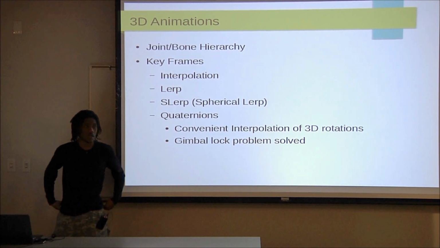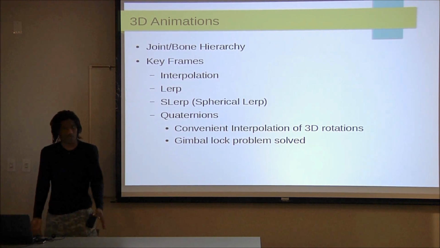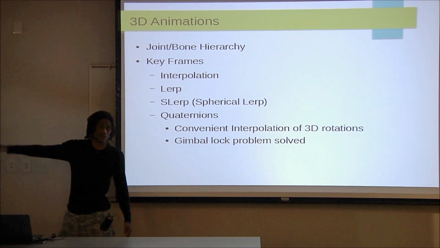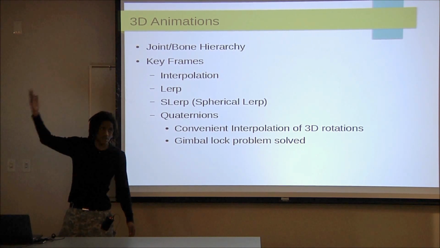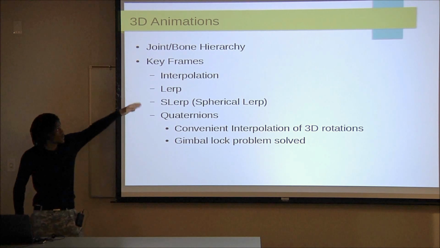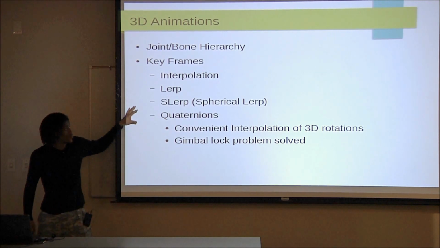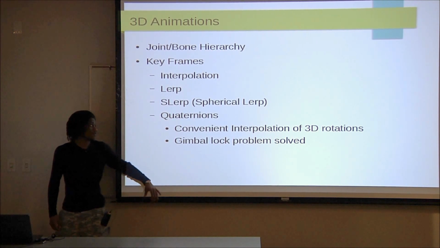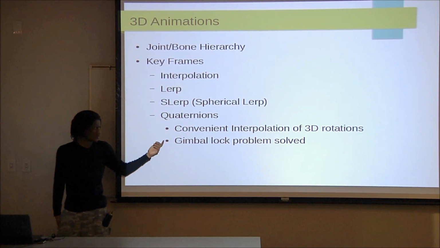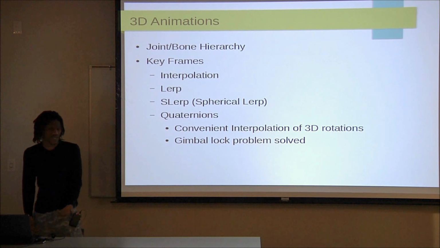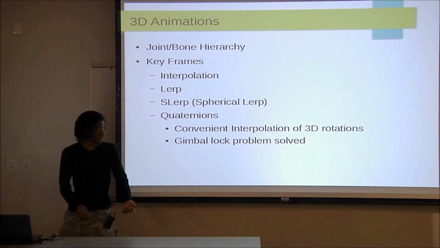So it saves memory. Then you simply interpolate over time from that position to that position, that rotation to the next rotation. So you linearly interpolate position and scale, and for your rotations you do a spherical linear interpolation, and you use quaternions. These are convenient for 3D rotations, and also the gimbal lock problem is solved.